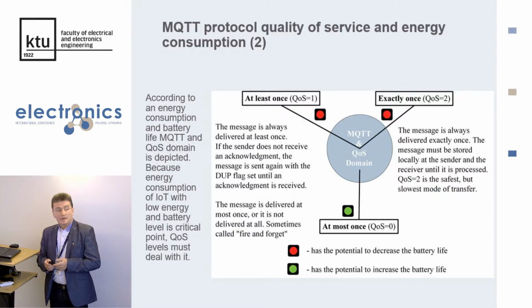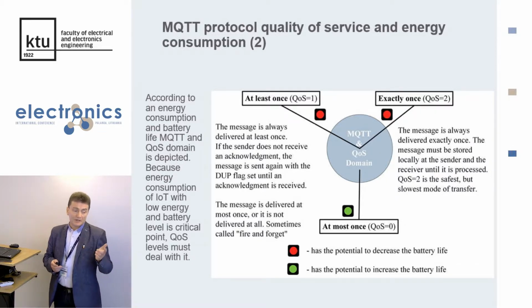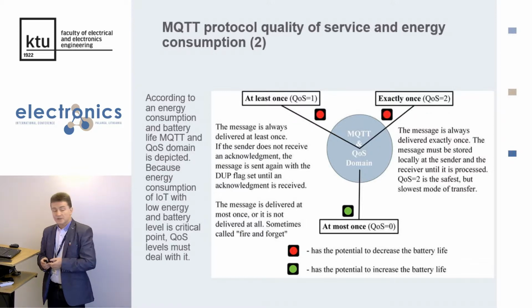According to energy consumption and battery life, the MQTT quality of service domain is depicted here, because energy consumption of Internet of Things devices with low energy and battery level is a critical point. The quality of service level must deal with it.